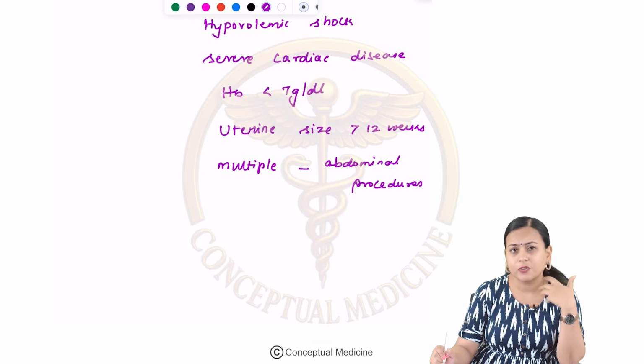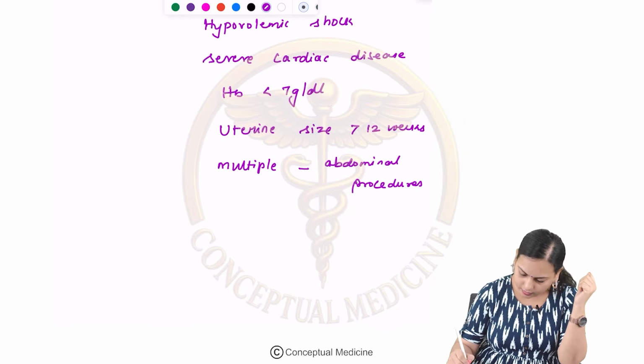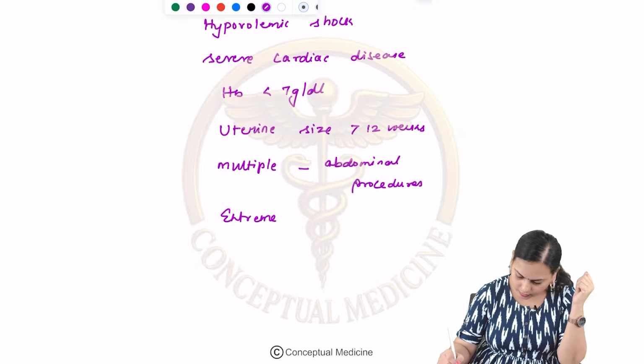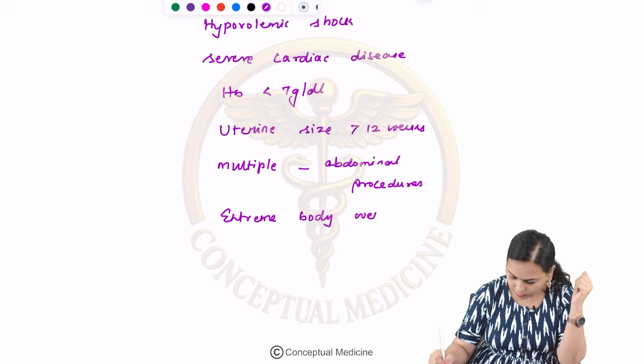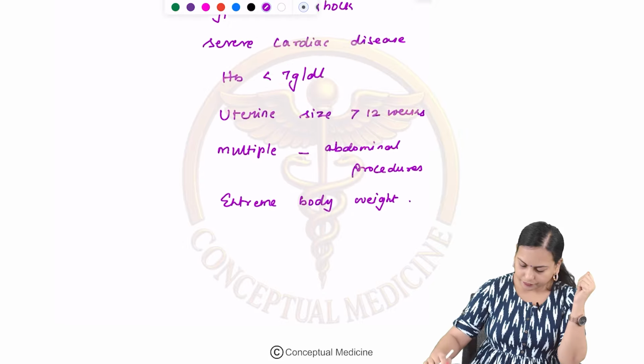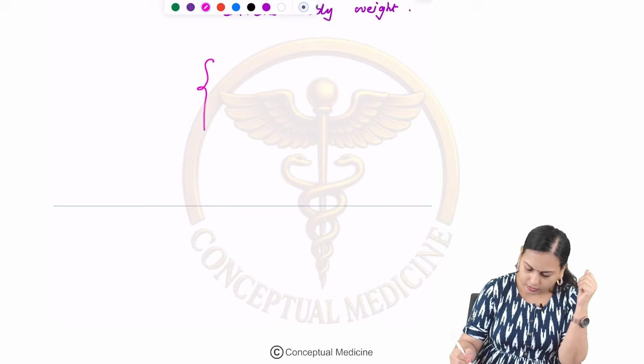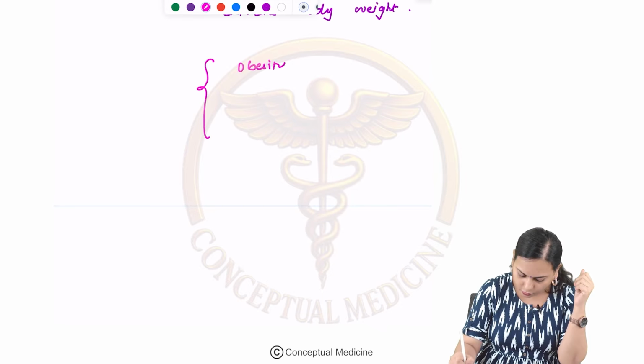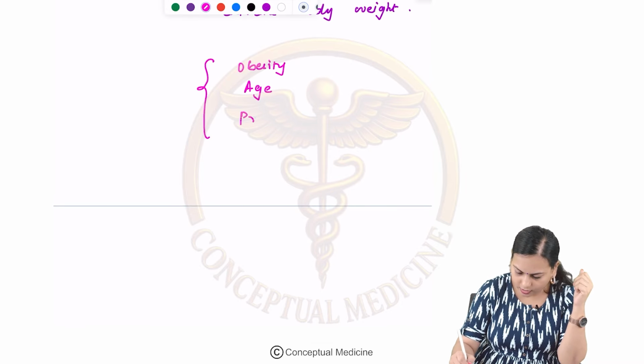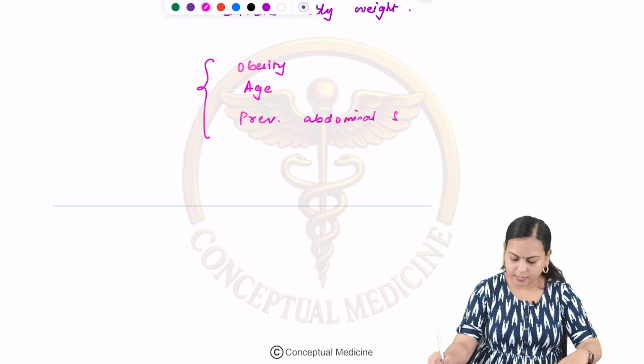Okay, and there will be no use in doing laparoscopy also, because in some cases there can be a need to open the abdomen, that is, it can be converted into laparotomy as well. Okay, then extreme body weight. Now let's discuss about the patient risk factors that are contraindications, that will include obesity, increased age, and previous abdominal surgeries, as I told.